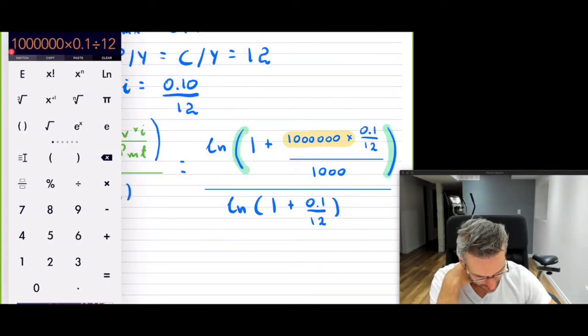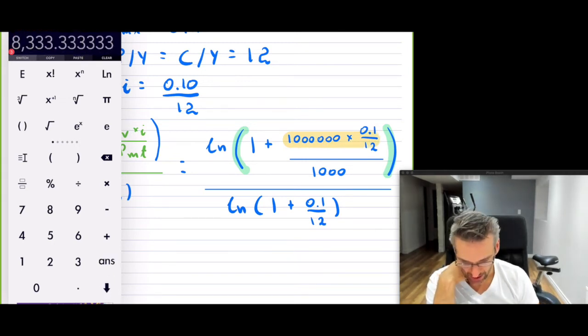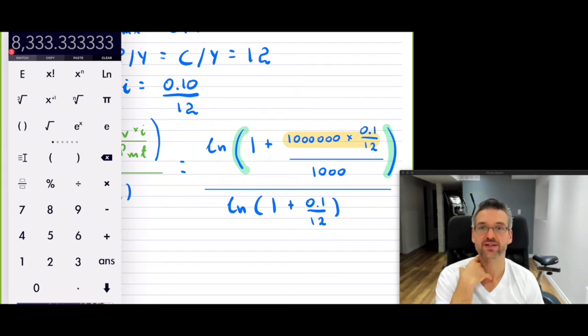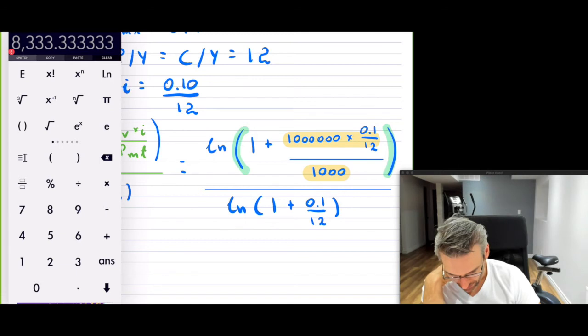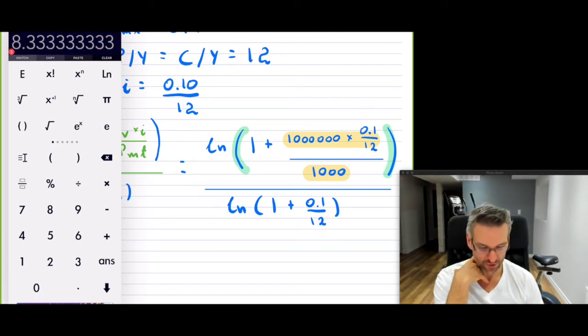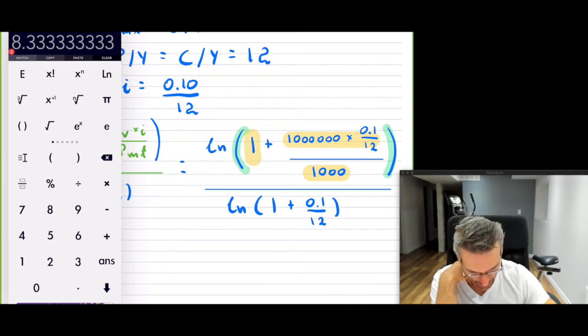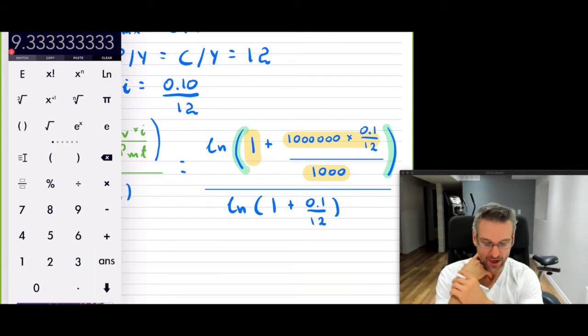So I'm just inputting this in here. So that's what I have. So that equals, and now that is divided by 1,000. So I'm going to take my answer divided by 1,000. All right, equals that. And then plus the 1. Let's not forget that. So that's answer plus 1. All right. So I have basically 9.33333 on top. And now I need to take ln of that.